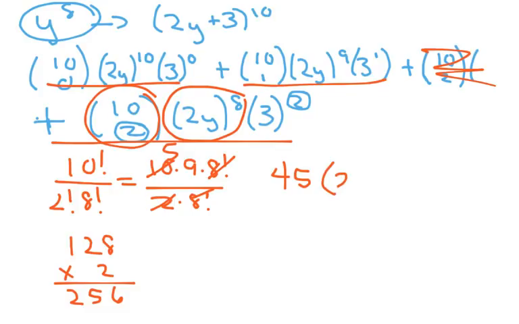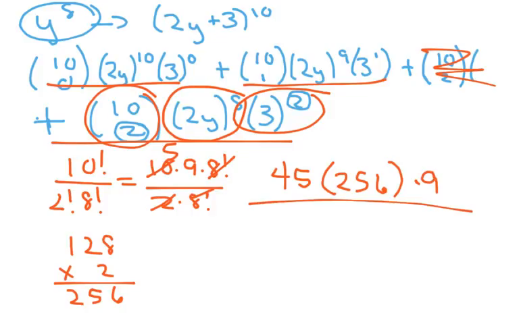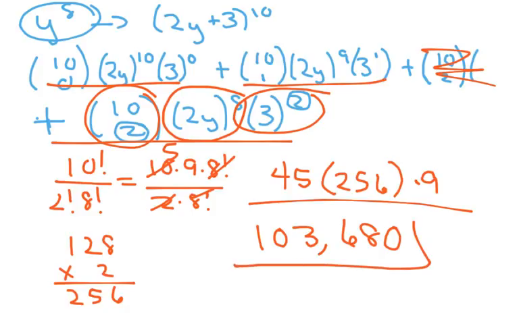So 45 times 256 times 9. And of course you can use a calculator. I just don't have one handy right now. So basically we get 100,003,680. That is your coefficient.